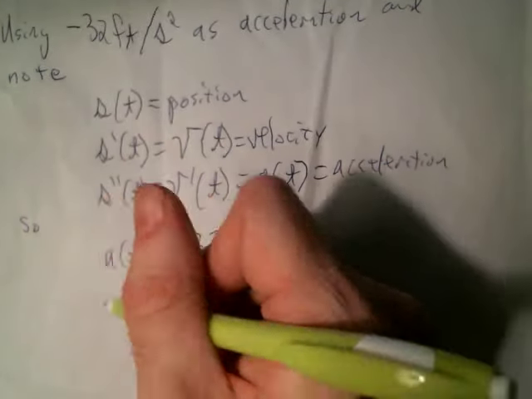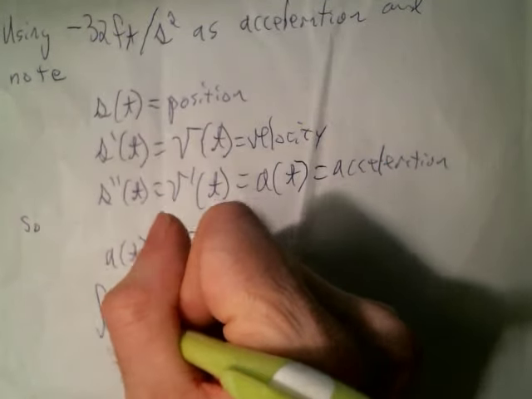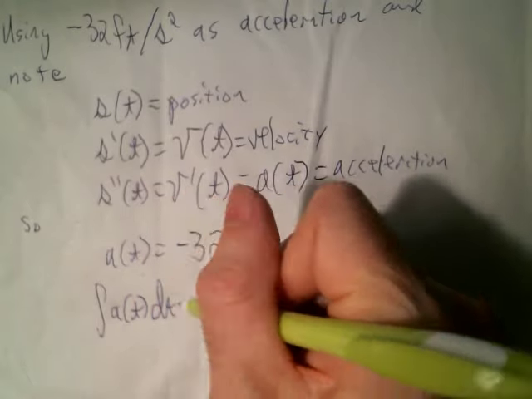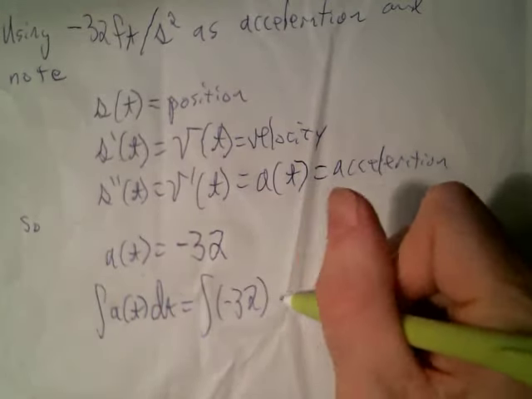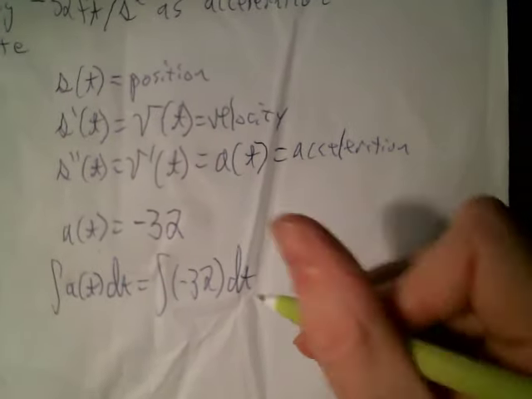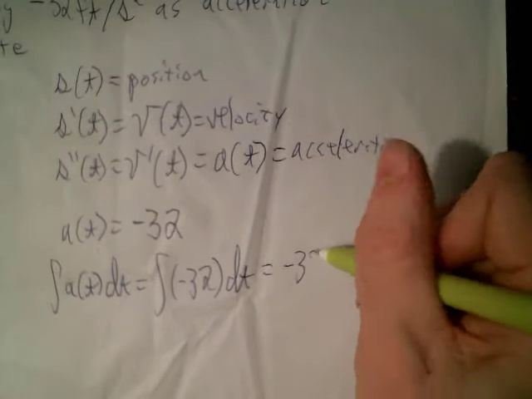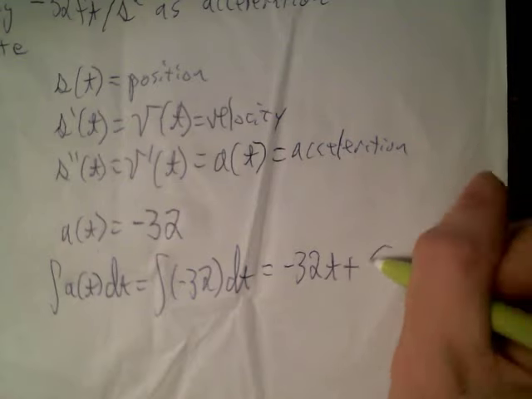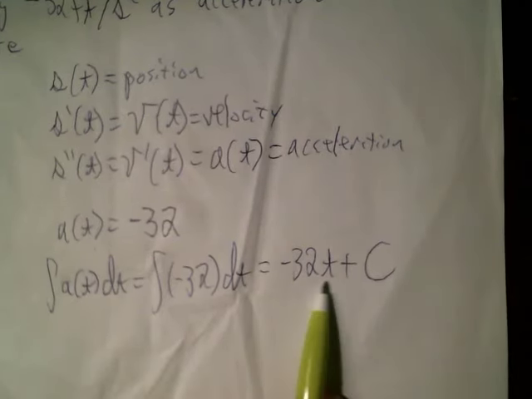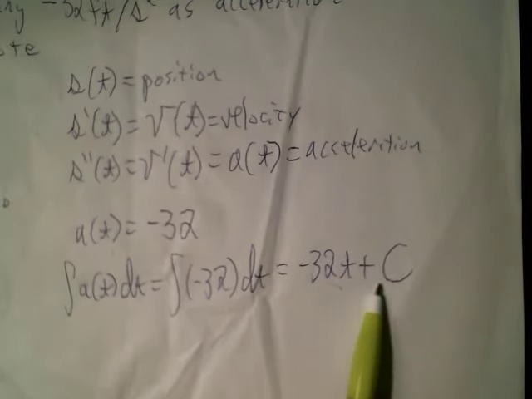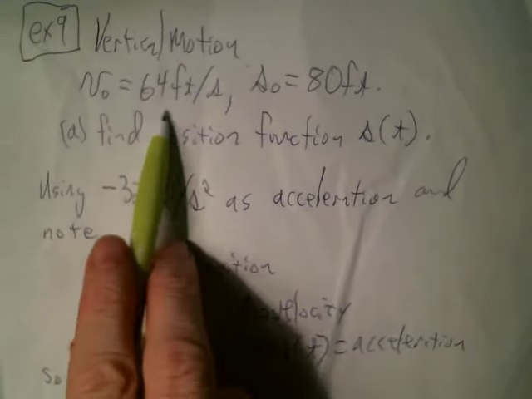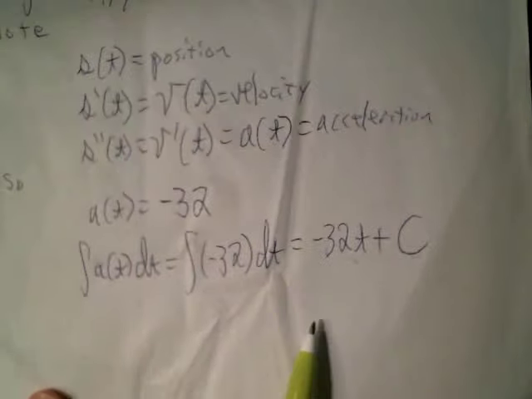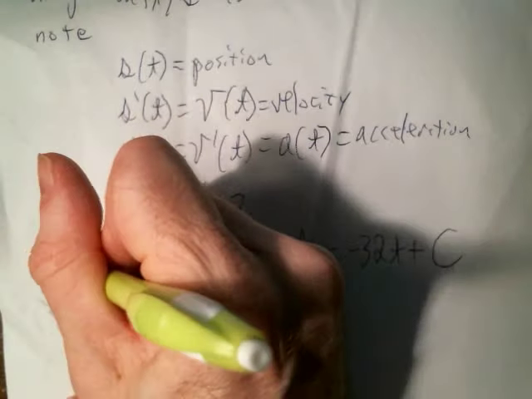First, the antiderivative of a(t) with respect to t is just the antiderivative of negative 32 dt, and that'll be negative 32t plus a constant. So the problem here is we have this constant, and I need to solve for it. What you do is use the initial conditions.